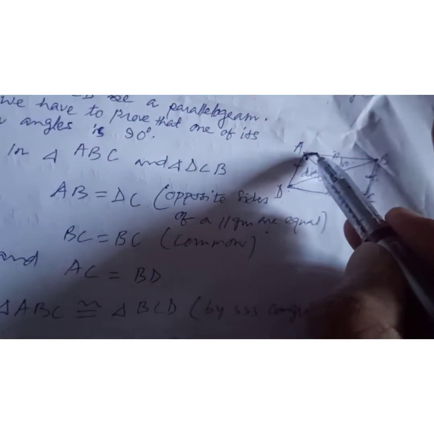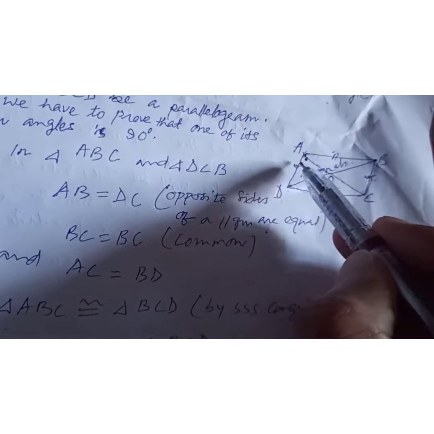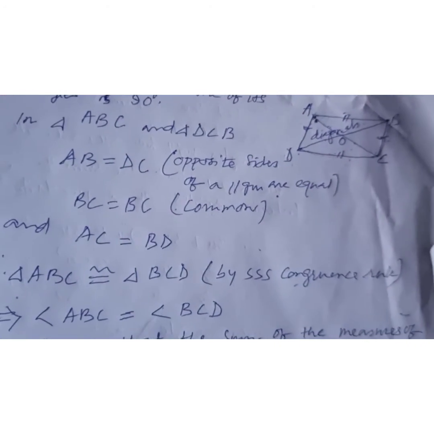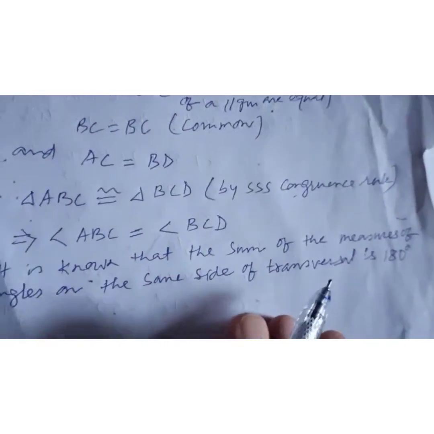You see the diagram: 90 degrees plus 90 degrees, then this will be 180 degrees. So I hope you are not facing any problem solving this one up to here.